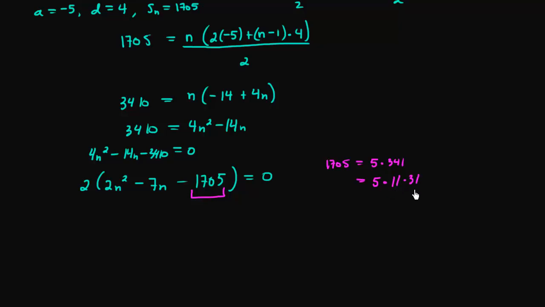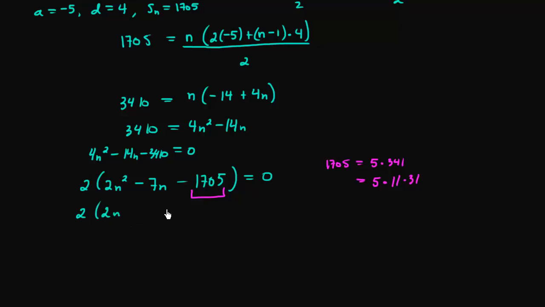So this only has 3 prime factors. If we use a guess and check strategy for factoring, there's really not that many factors to guess. So let's try some guess and check.